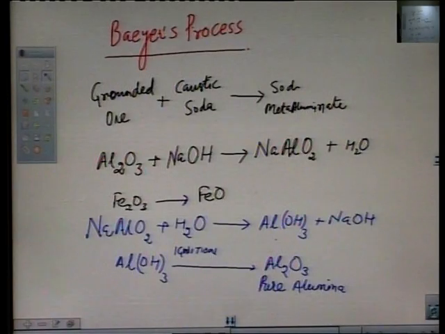So in the Baeyer process, the roasted, ground ore is mixed with caustic soda, forming sodium meta-aluminate in the filtrate, which on hydrolysis gives aluminium hydroxide precipitate, and on ignition gives pure alumina. So this is the Baeyer process.